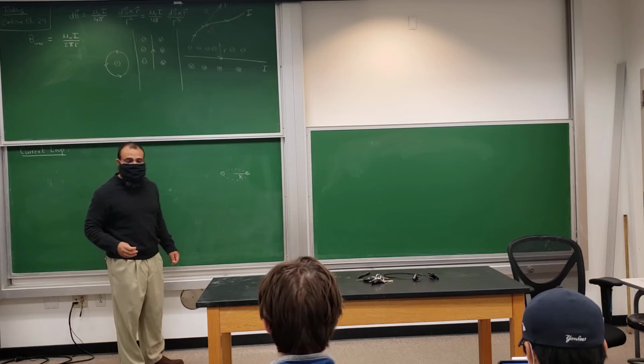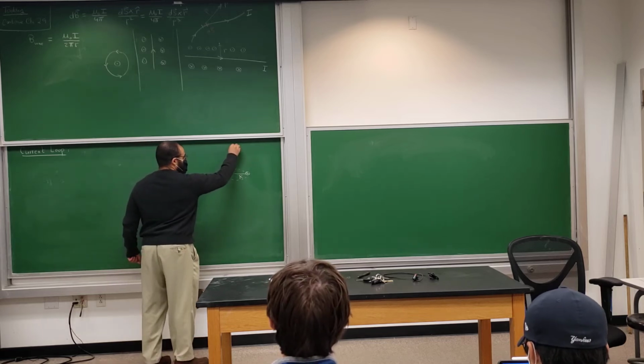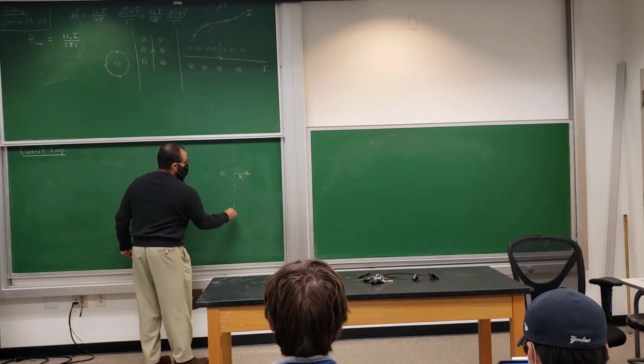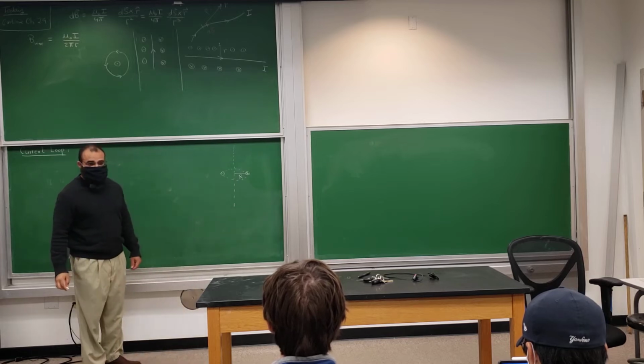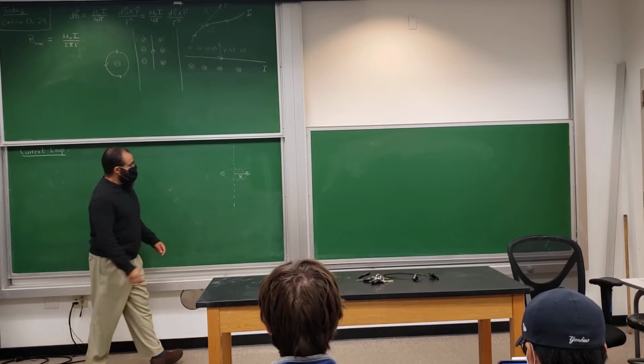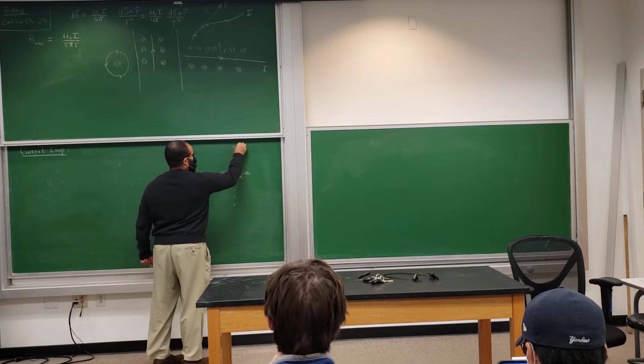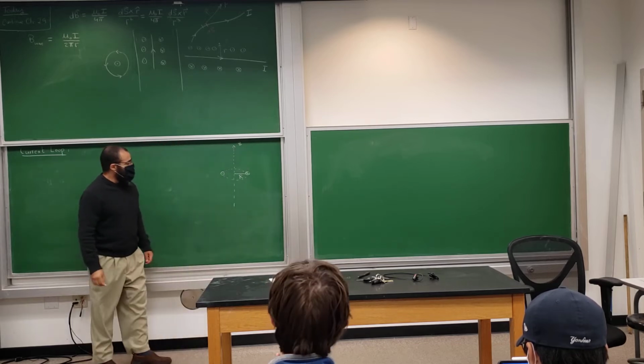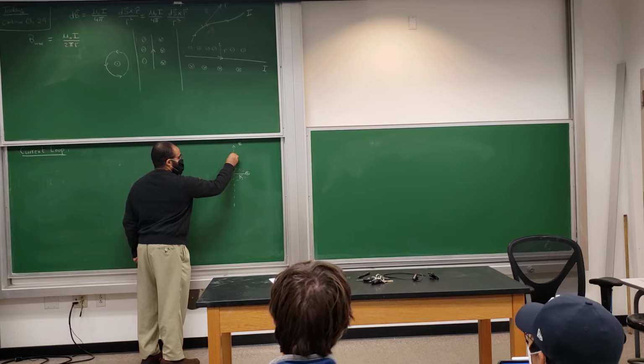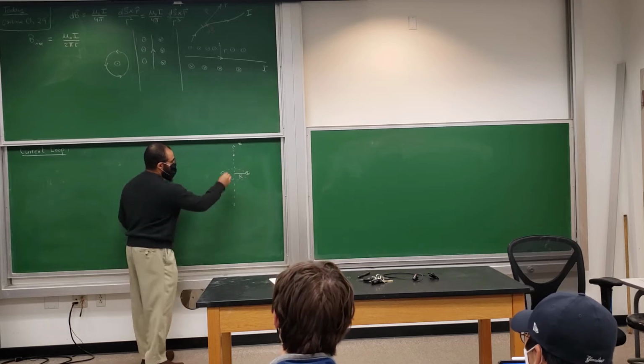Probably have to do it numerically. So on the axis, we can do it. We can evaluate our magnetic field exactly. So let's say this is the z-axis. And we want to figure out what the magnetic field at this point is, the distance z.